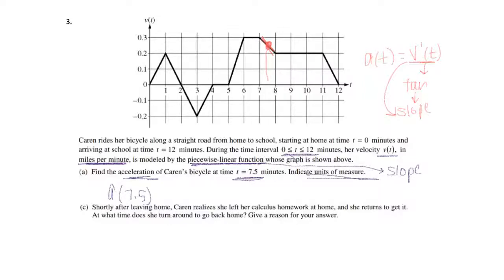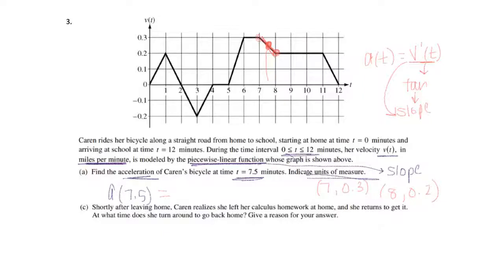So A at 7.5 is equal to, well, let's pick two sure points that we know here. So I know 7 comma 0.3, and then I also know 8 comma 0.2.